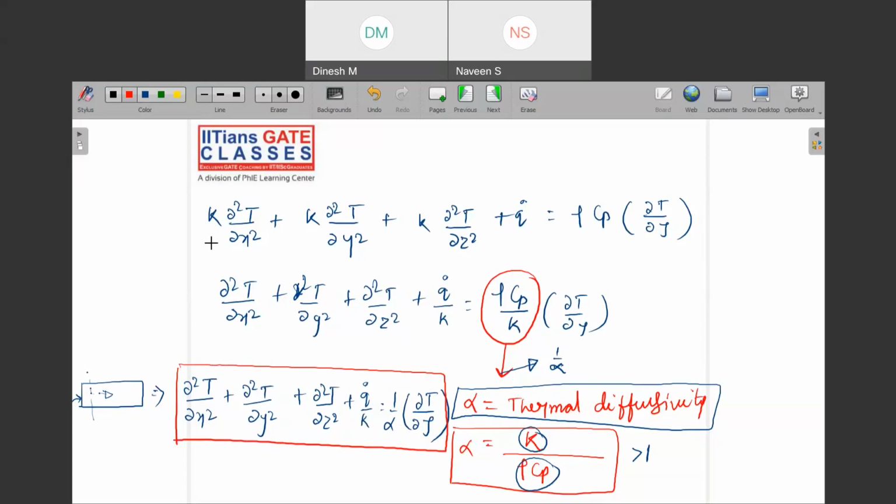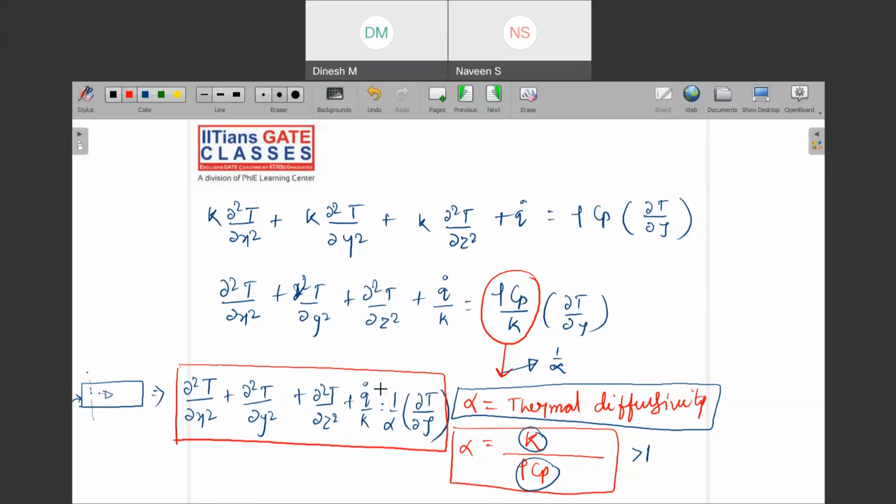Now there can be special cases of this one. What are those? Let us see. Certain times they might say that there is no heat generation. Certain times they can say that it is a steady case, or that there is no heat generation and no unsteadiness, that means the case is steady.